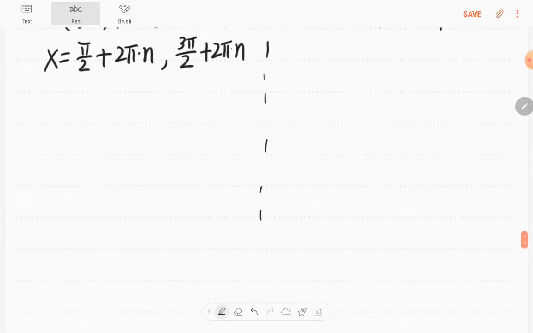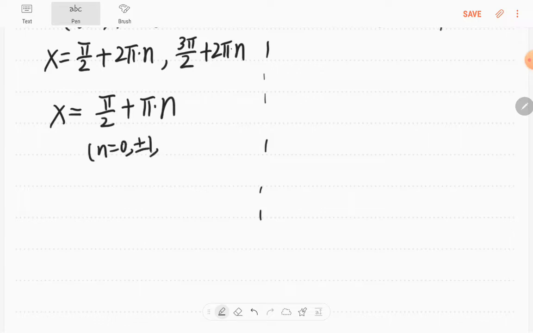As I talked about before, we can combine these two angles because they are on the same line. The difference is just pi, so x can be written as pi over 2 plus pi times n, okay? So here n is equal to 0, plus minus 1, plus minus 2 and so on.